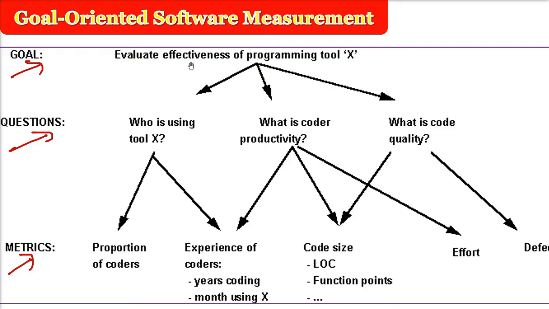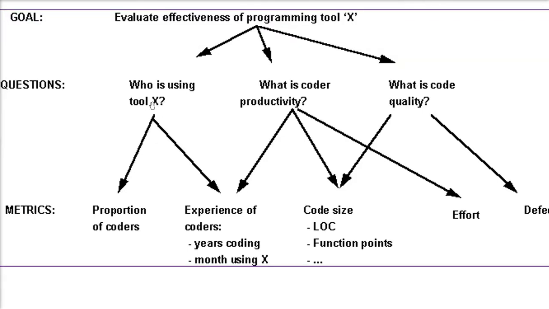For example, the goal is the effectiveness of a new programming tool. We would like to evaluate it. What is the effectiveness? We were using C and C++, now Python has come. Now we would like to understand how Python is going to work in this scenario. The first question that can come is, who is using this tool X? It can be Python.